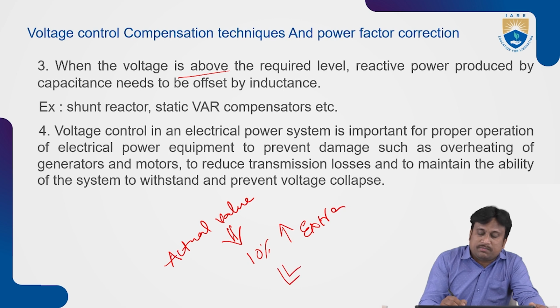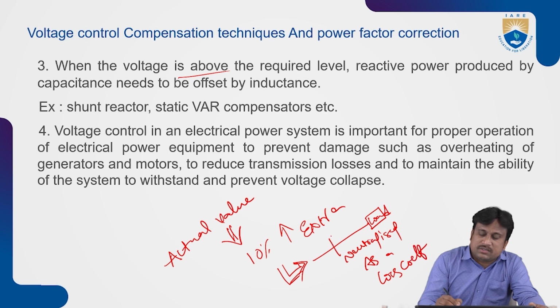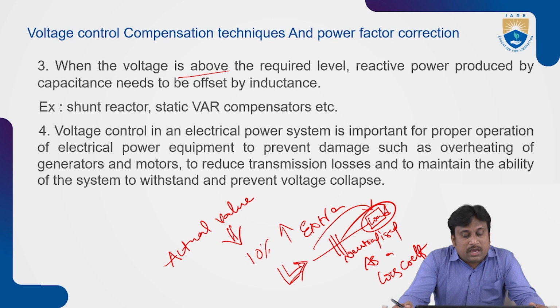Because this 10% is neutralized as a loss coefficient in the middle of the line, so the actual amount required is transferred at the load end.